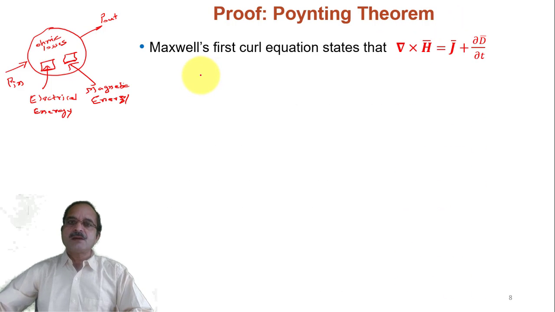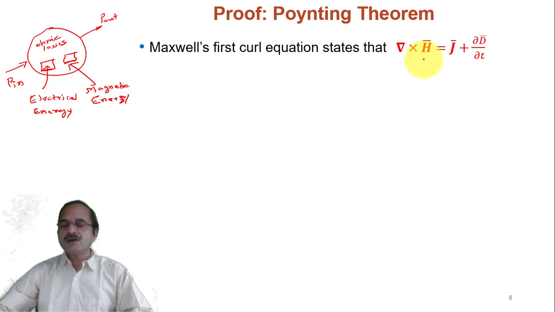Now let us start from the Maxwell's equations. Now we know the Maxwell's equations give us the relationships between electric fields and magnetic fields. So these Maxwell's equations are very useful to find out all the relationships in communication engineering, wherever the power flow is in the form of electric fields and magnetic fields. So let us start with this Maxwell equation, which we have written earlier for time varying field.